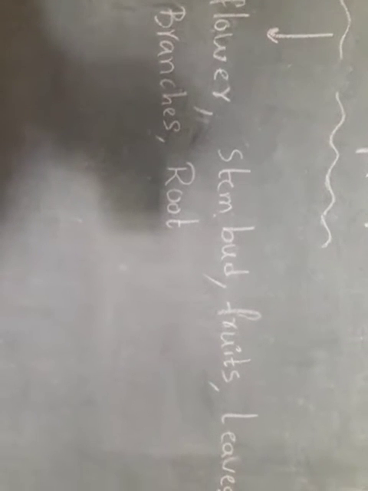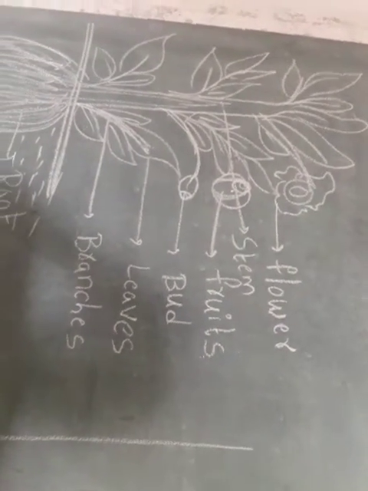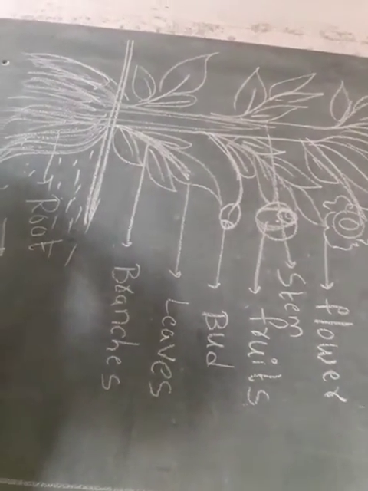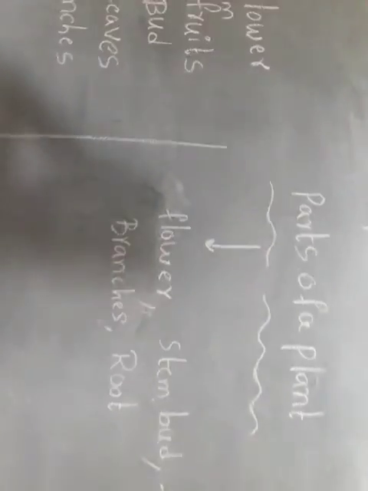These are the parts of a plant: flower, stem, bud, fruits, leaves, branches, root. Okay, here's flower, stem, fruits, bud, leaves, branches, root. These are the parts of a plant.